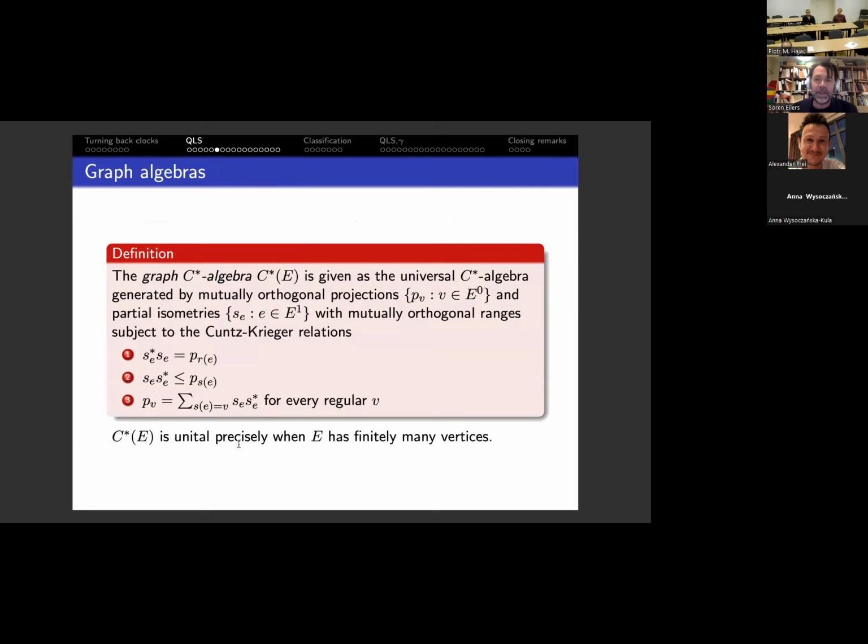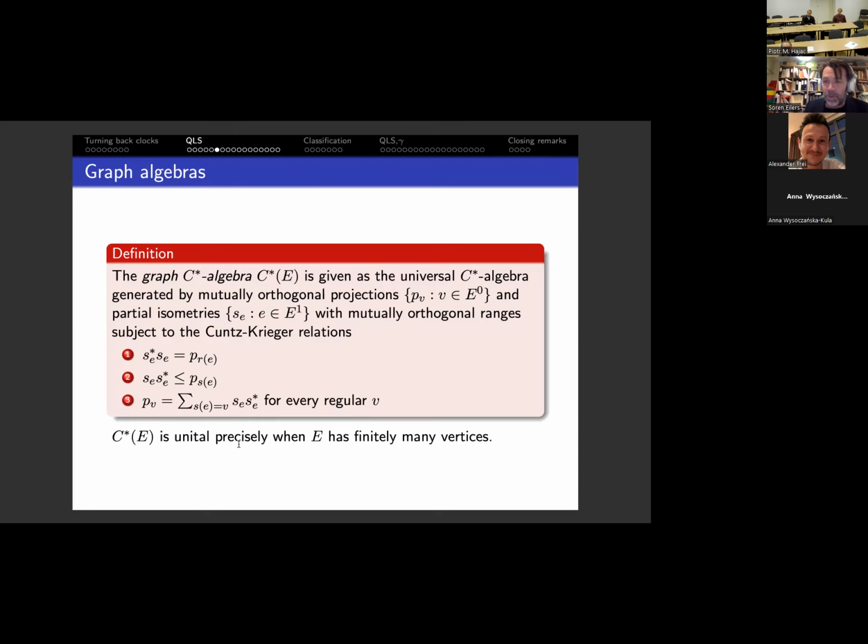The idea is that you take a projection for every vertex, and a partial isometry for every edge, you force these to be orthogonal in the appropriate sense, and then you say that SE star SE, the initial projection of the partial isometry that I'm associating to the edge E, should be the same as the projection of the range of E. If you do it the other way around, you want the same, but it is only true with less than or equal.